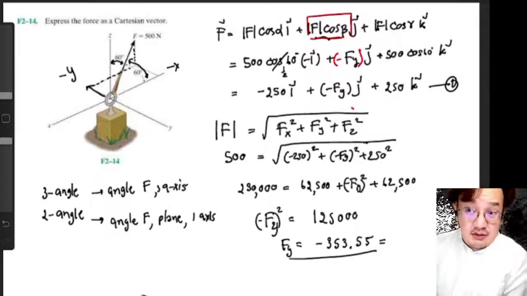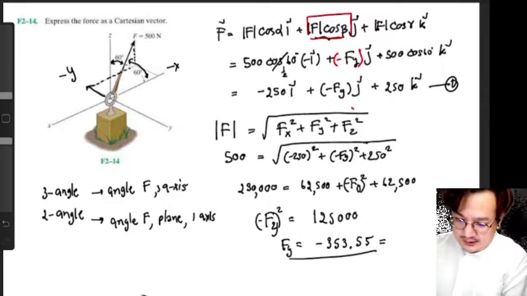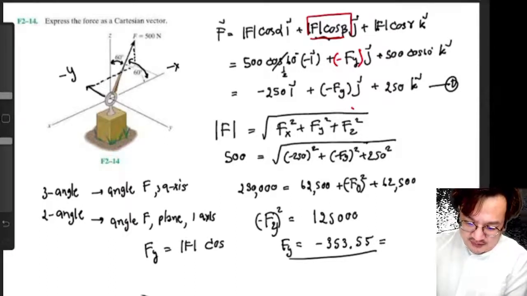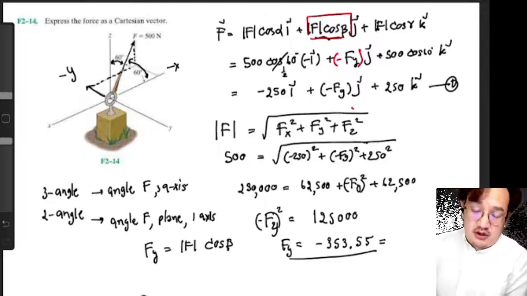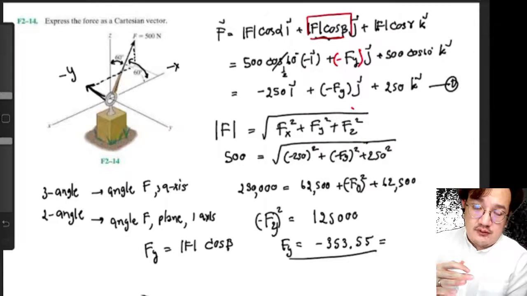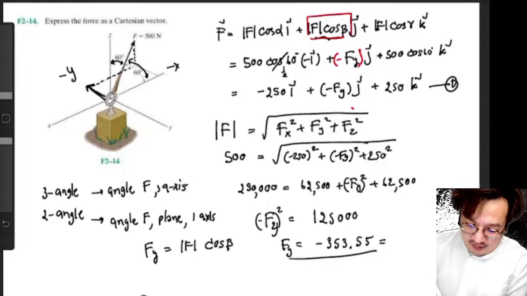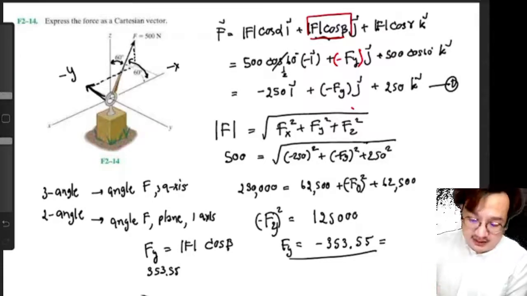Fy will be equal to F times cos beta, and don't forget that in this term we already set it in the negative y. So for Fy here I will use just 353.55 without the minus sign.